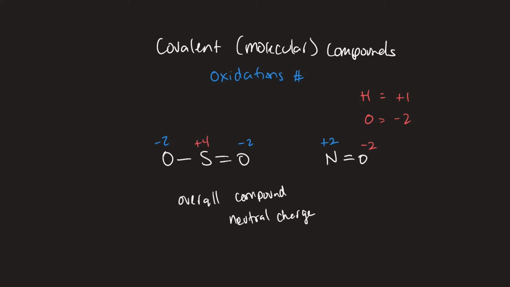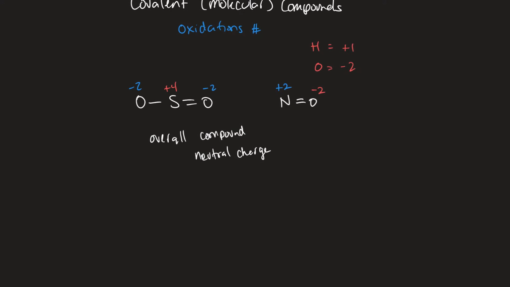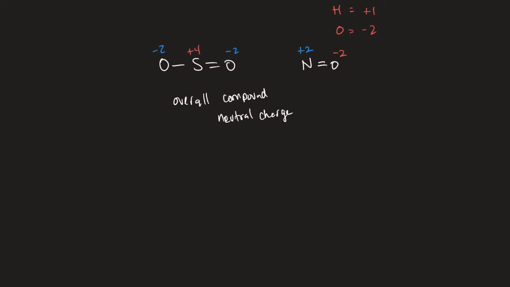Let's try a little bigger molecule in this case. Let's say we're talking about HNO3, nitric acid, and we're trying to determine the oxidation numbers for each of the atoms that make up this compound.